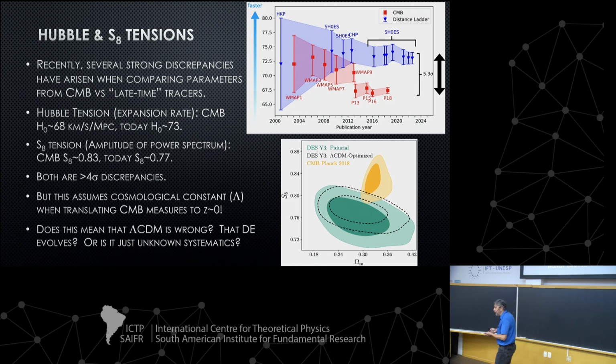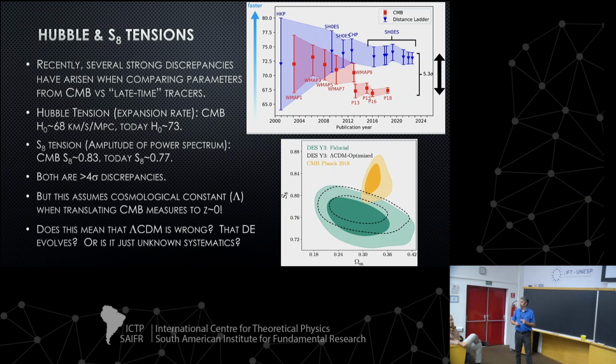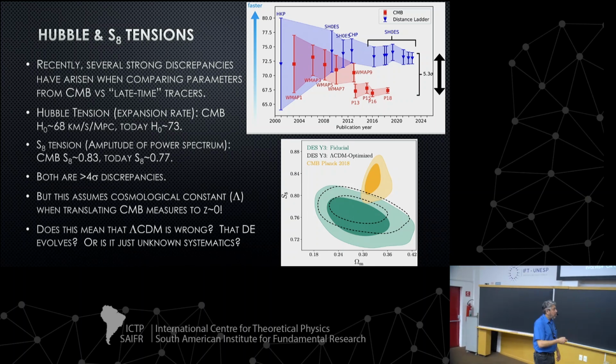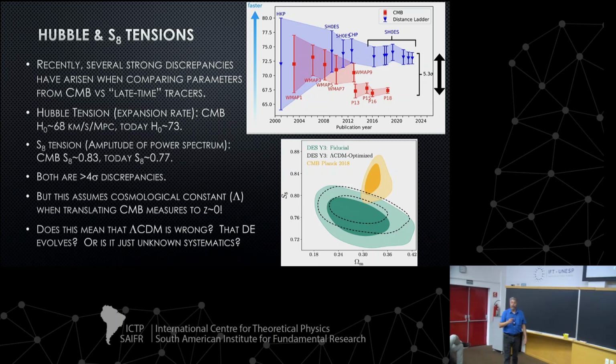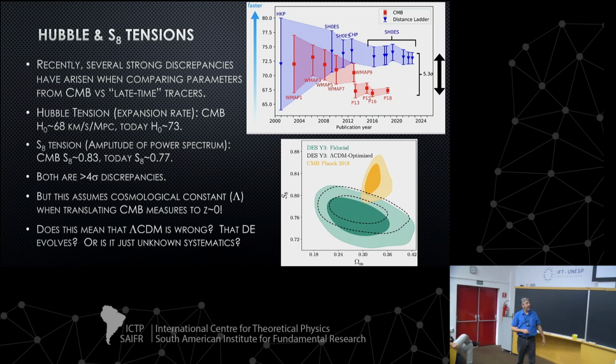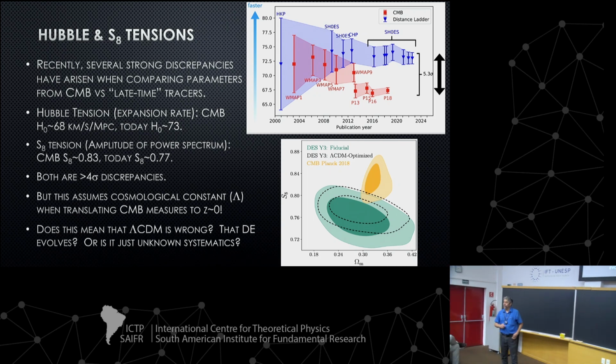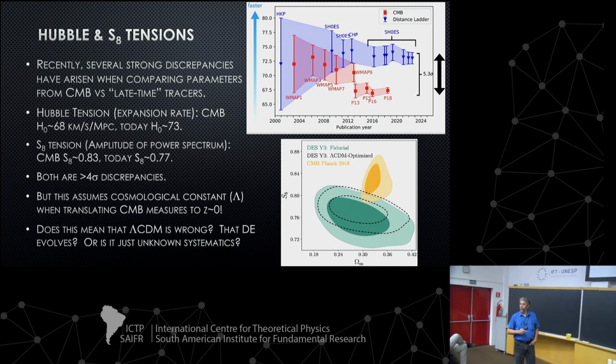What if lambda CDM is wrong, right? So that's the exciting possibility. People have been trying to invent models that will be able to reconcile this. It hasn't been as easy as it sounds. And as we talk more about galaxies, we're going to see that there are some systematics that arise because of the way galaxies work, which may be screwing all this up.